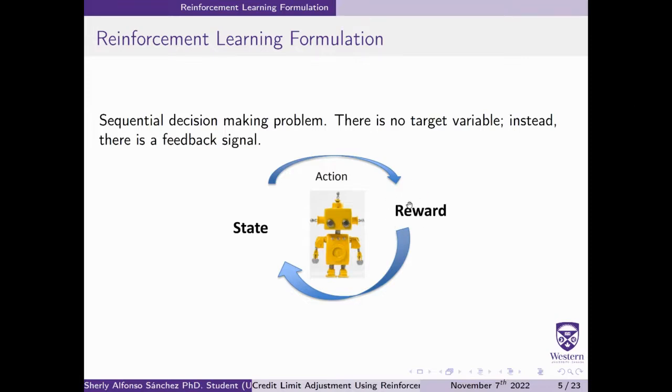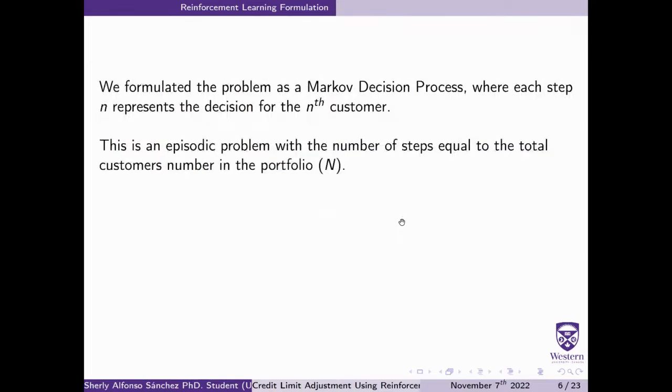After this feedback signal, it will transition to a new state. This kind of learning is different from supervised and unsupervised learning because here we don't have a target variable, but instead we have to optimize the total future expected reward.